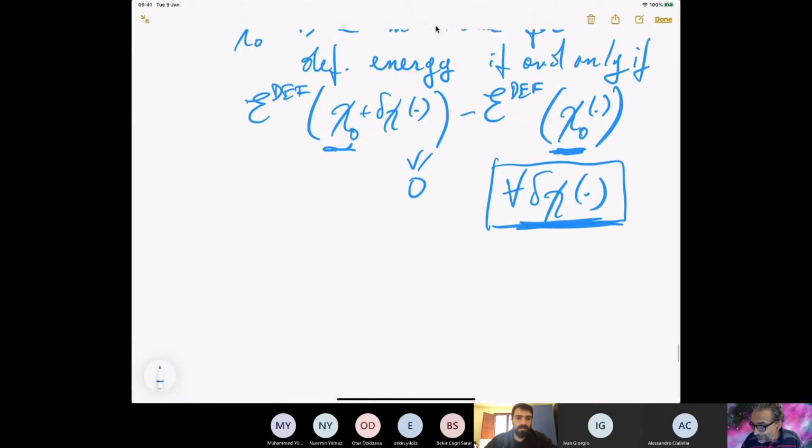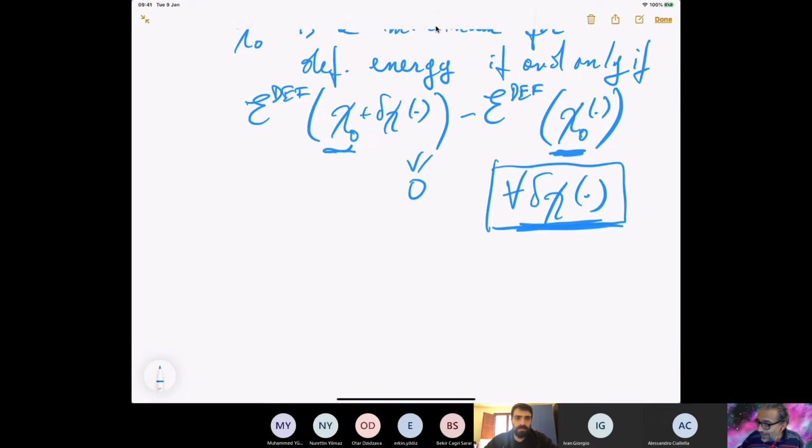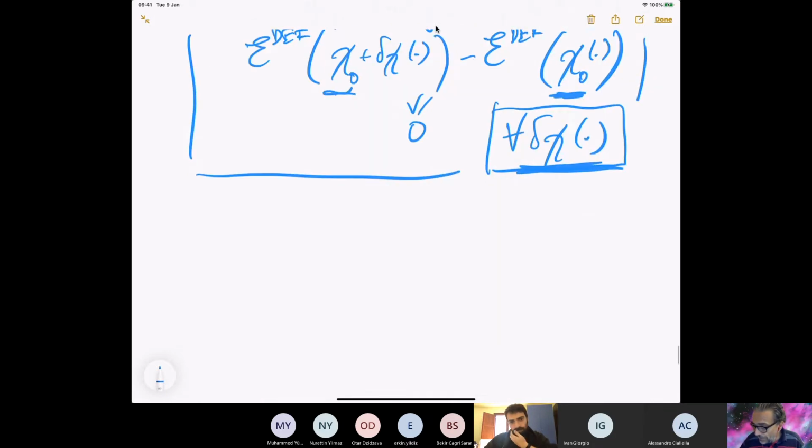In fact, now we will write this inequality in the following way.